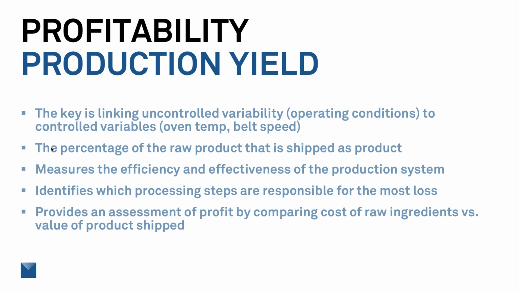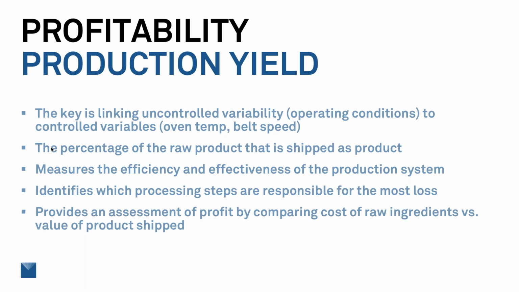And so the purpose in trying to track yield is to identify which of the steps of the production process are really responsible for where the losses are occurring. Is it possible to identify a particular section of the production process that's really the contributing factor? And that could be a lot of different things. And so how can you effectively try to find that?